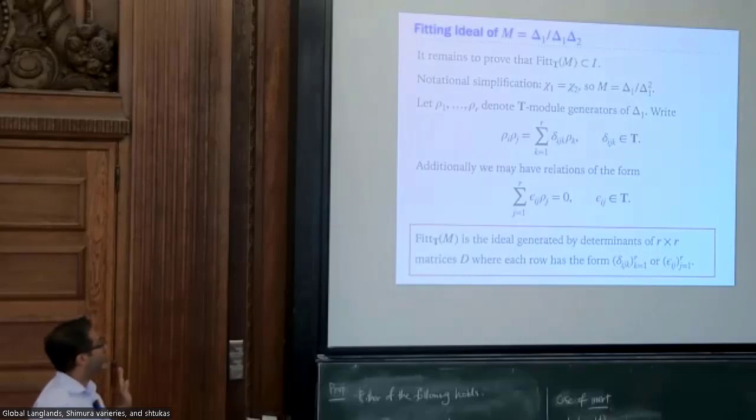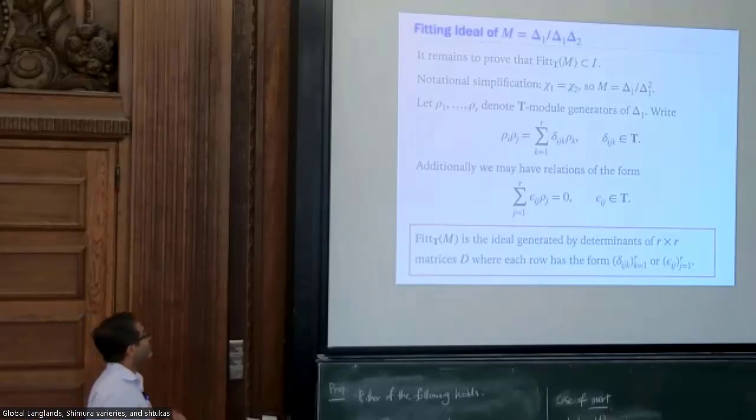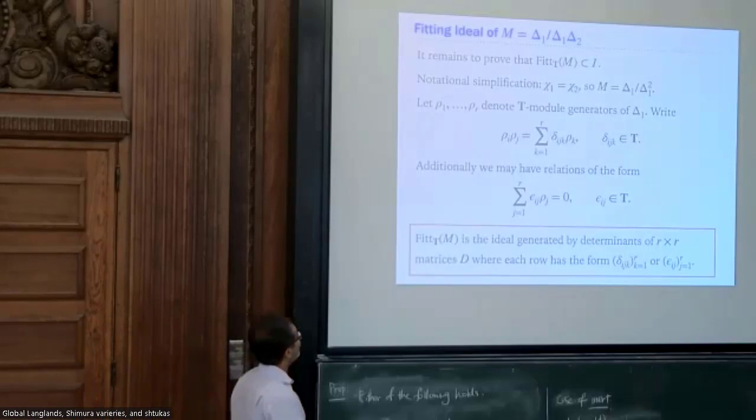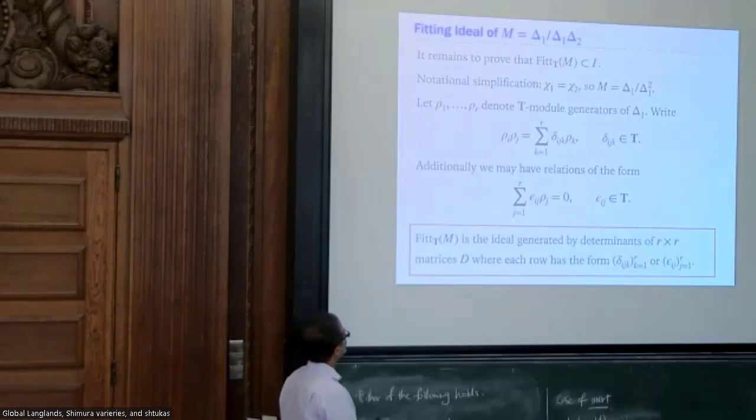And so what is the definition of the fitting ideal that I gave earlier? Here or here? Which equation are you talking about? In the second one. In the second one, good question.